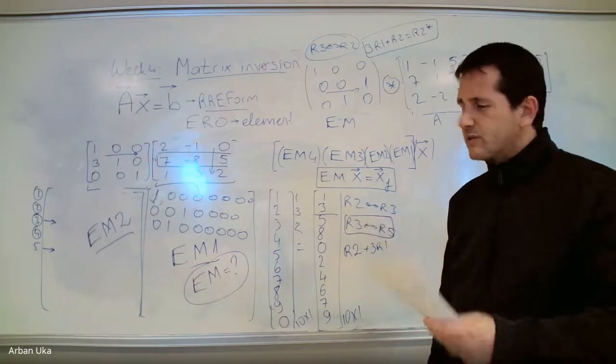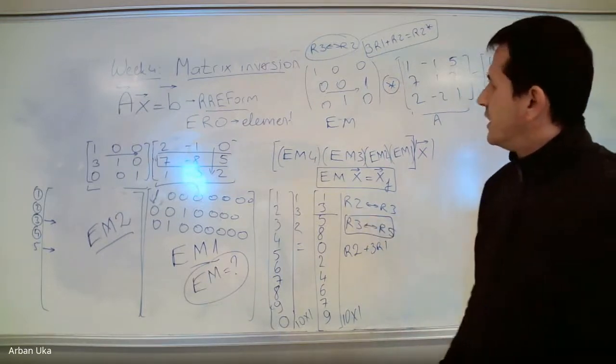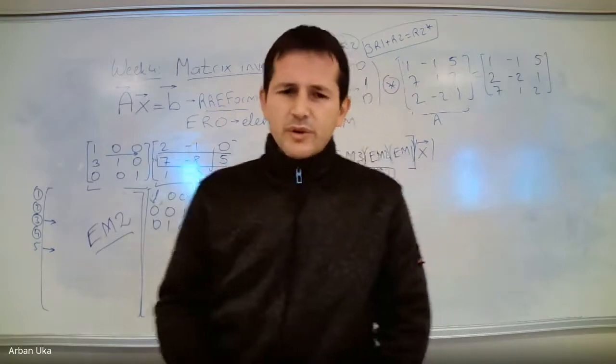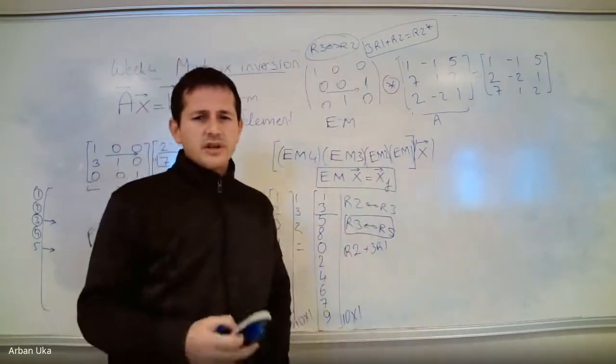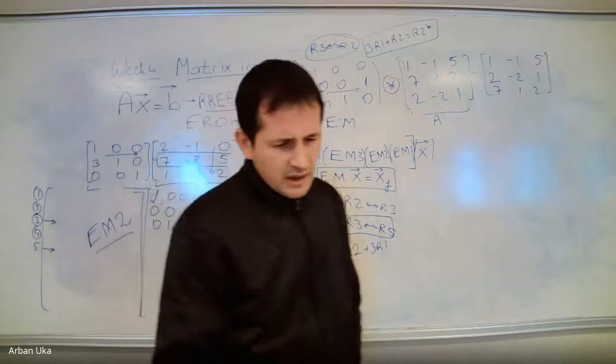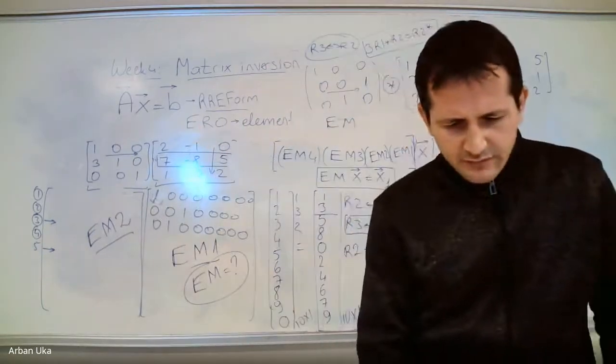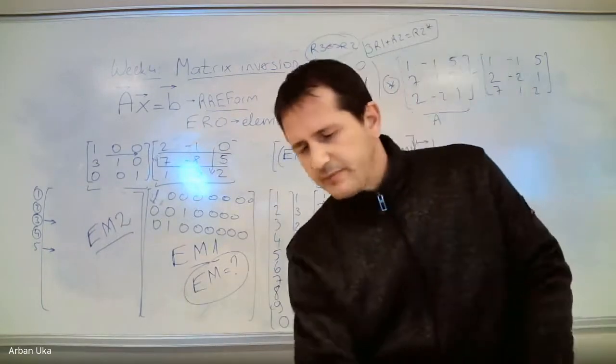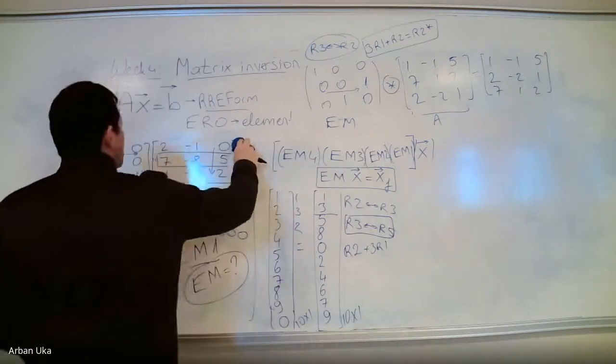Now, I can also add the following, which would be very useful: these elementary row operations also have an inverse elementary row operation. And how would this be defined?